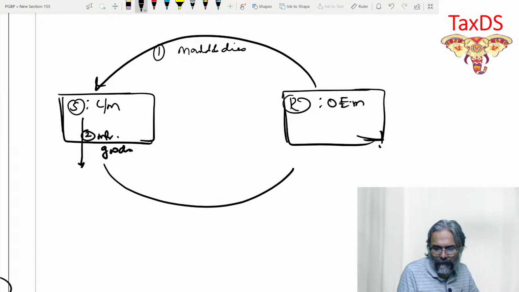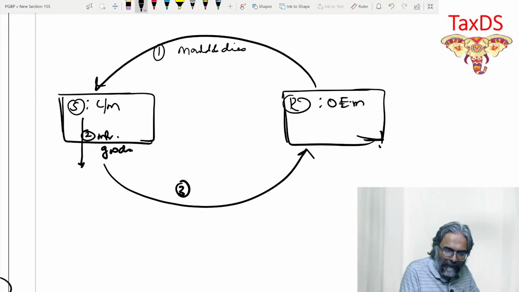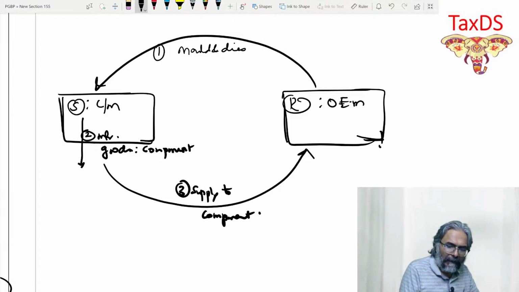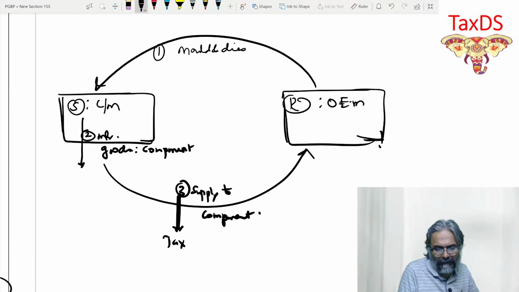And then thereafter, the goods, which are the components, are supplied. So there is a supply of components, isn't it? Therefore, on this the tax invoice would be there.